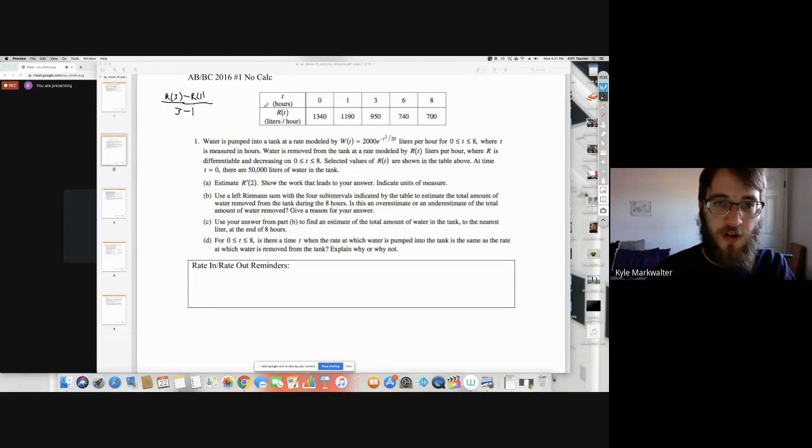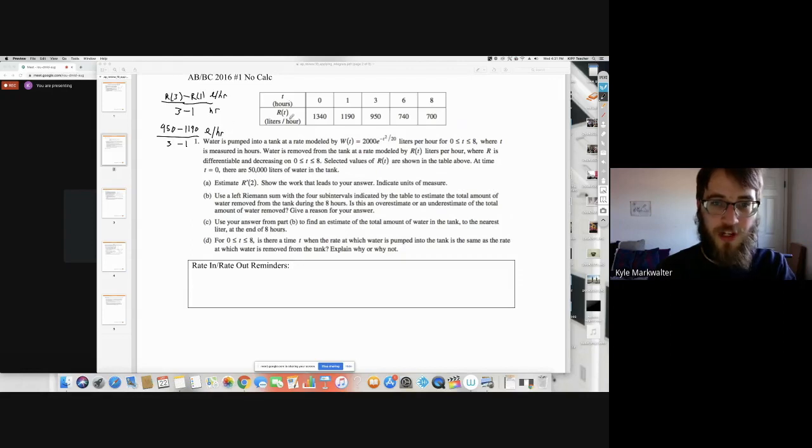What are my units for R? They're liters per hour. What are my units for 3 and 1? It's hours. So all I have to do is plug in the numbers. I don't even need to simplify. I could have just said 950 minus 1190 over 3 minus 1 liters per hour per hour.